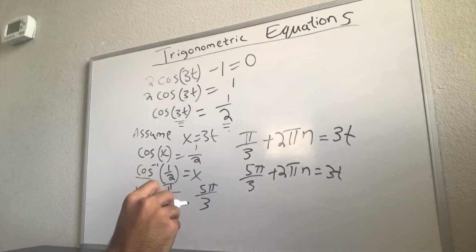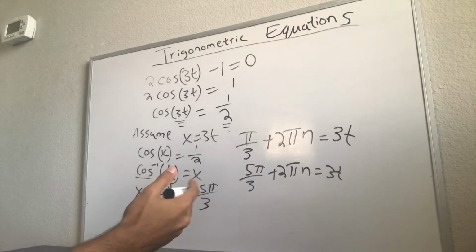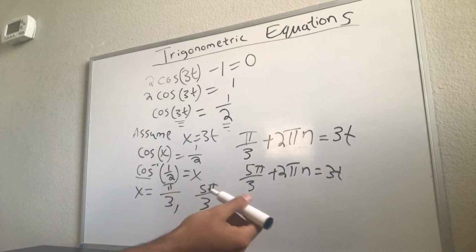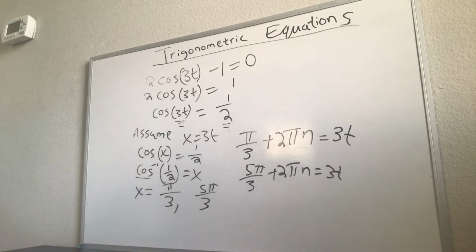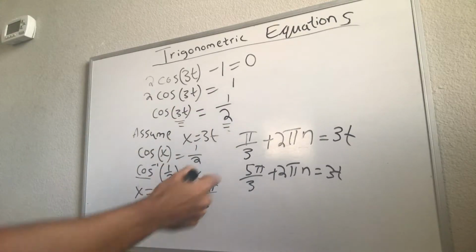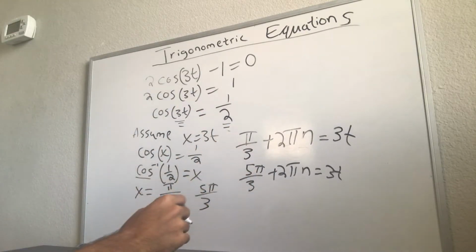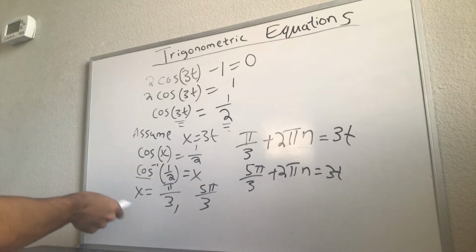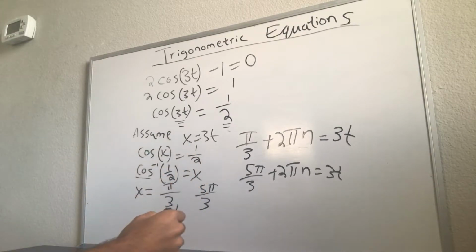And the reason why it happens to be like this is n could be really anything. It's just an integer that you're substituting values in, and it's giving you 3t because you know that these two values are the values for x here, which represents 3t.